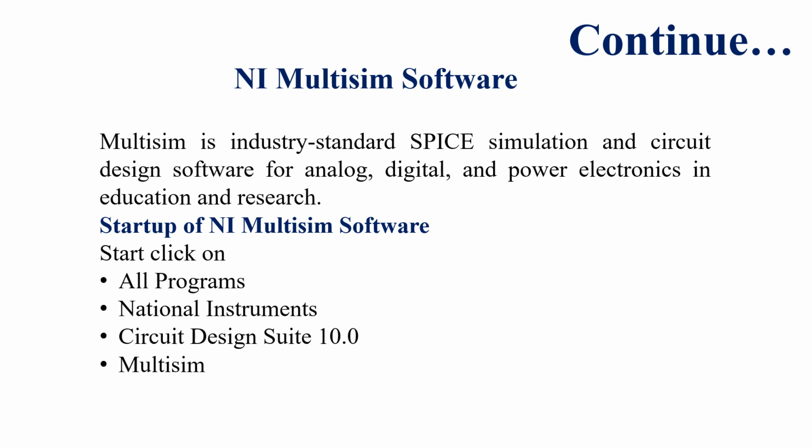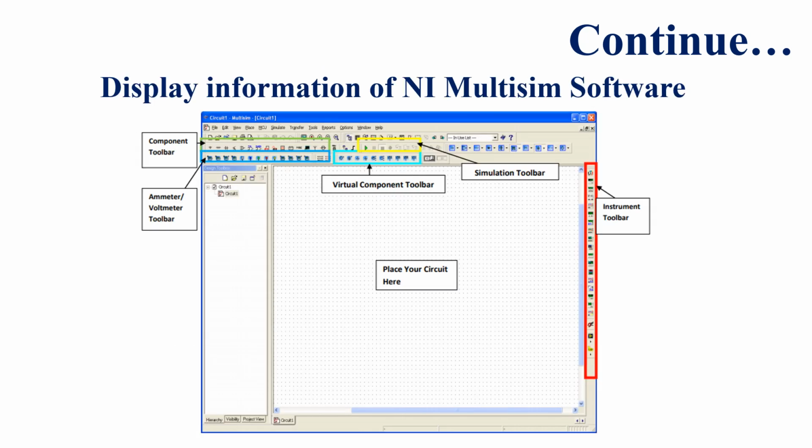Move towards the start panel of the computer, click on all programs, then move towards National Instruments, then the Circuit Design Suite 10.0 and move towards the Multisim software. Click on it and Multisim software will be opened. If we click on NI Multisim software, this window will appear.